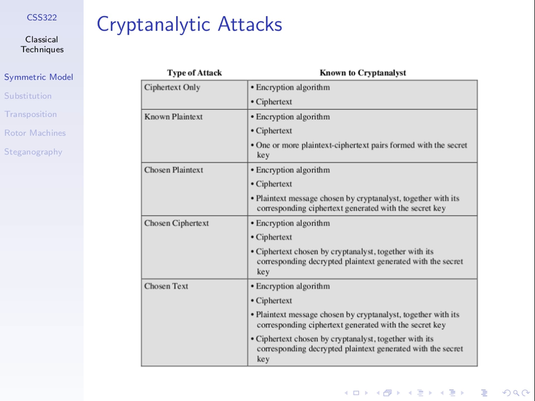A known-plaintext attack is where the attacker knows this as well as another pair of plaintext and ciphertext. Let's say P2 and C2, where C2 is equal to the encryption using key K, the same K, of P2.